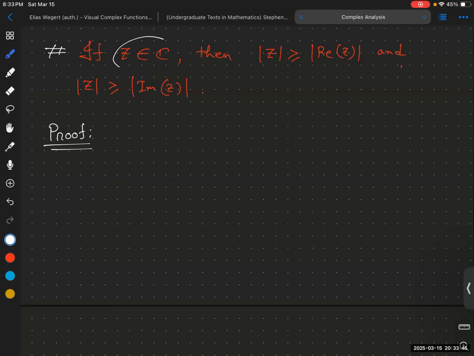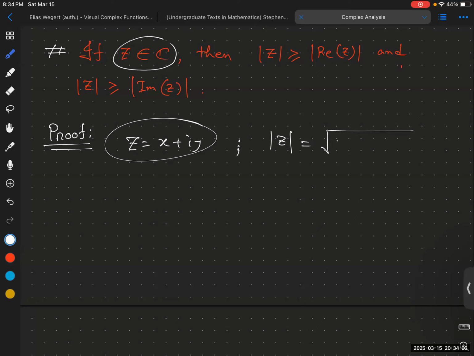As Z is a complex number, it has a basic representation like x plus iy in the 2D coordinate system. So the modulus of Z is basically the distance between the origin and the point in the 2D coordinate system.